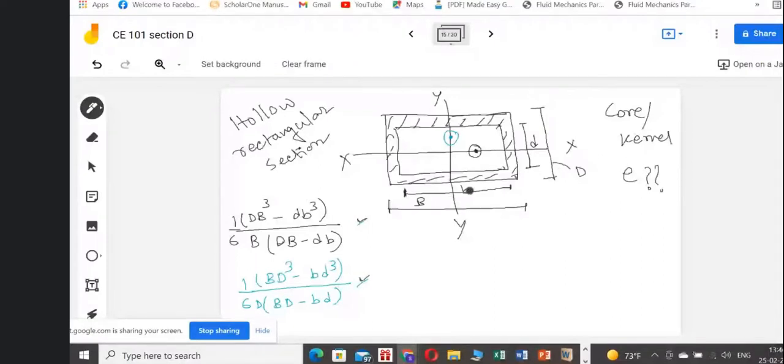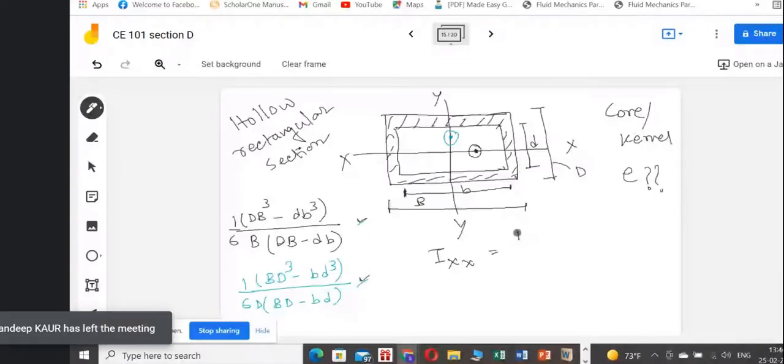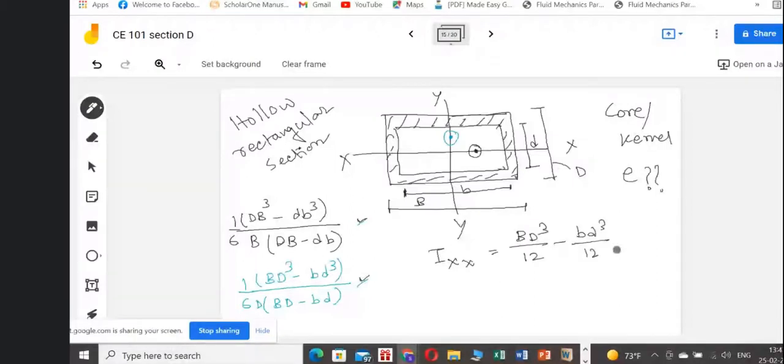This part is Ixx, which means about the x-axis. So BD cube by 12 minus bd cube by 12. Y max is D by 2, so Zxx is basically BD cube minus bd cube by 6D.